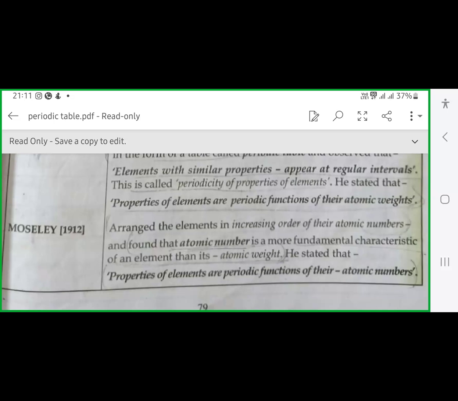So, what is the modern periodic law? Write down this. The physical and chemical properties of elements are a periodic function of their atomic numbers.